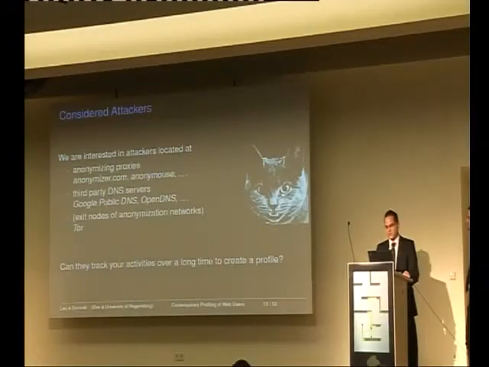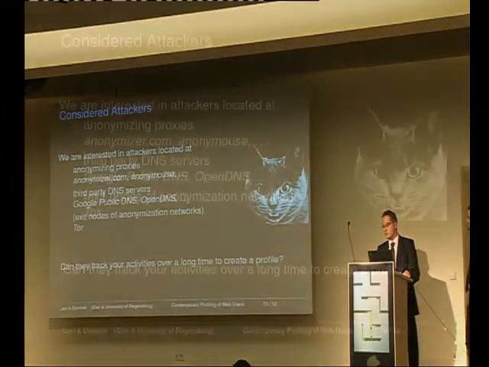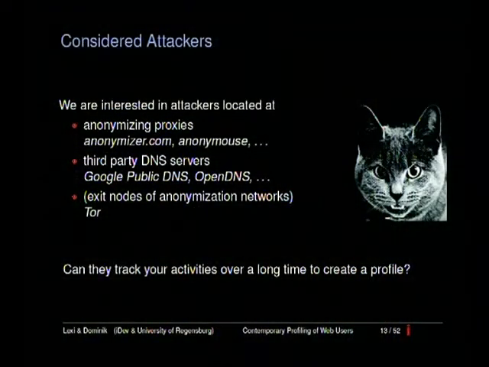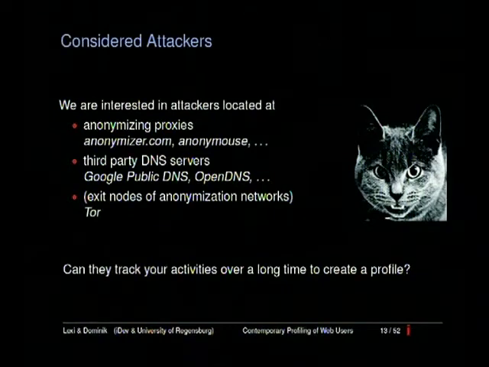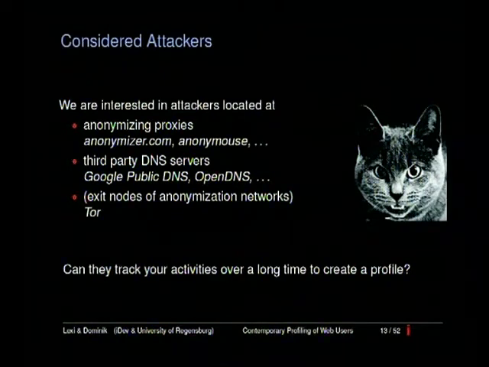Now, we're considering specific attackers in this talk only, and the attackers we are considering are either anonymizing proxies, like web proxies or CGI proxies. We are also considering third-party DNS servers, like the popular Google public DNS, which is pretty fast and says it's secure, and OpenDNS.